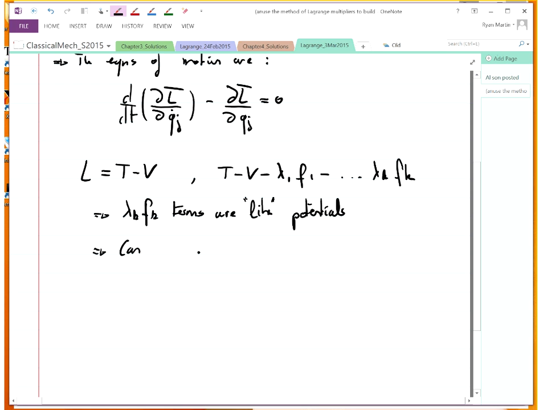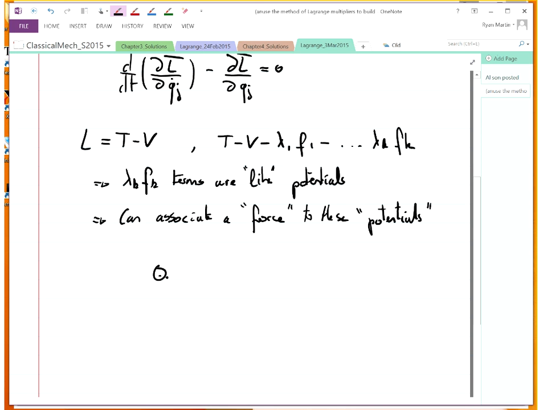And so we can associate a force, and I'll put force in quotation marks because it may be a torque or it might be something that's almost impossible to comprehend in terms of notions of force and torque. But we can associate a force to these, I'm going to call them potentials in quotation marks, because they're not really potentials, but mathematically they look like potentials.